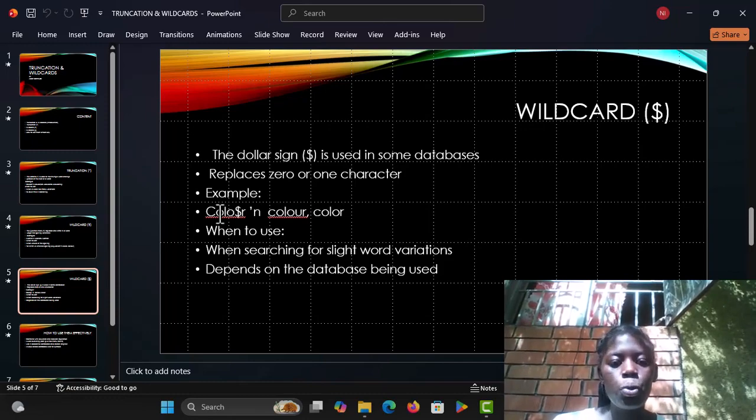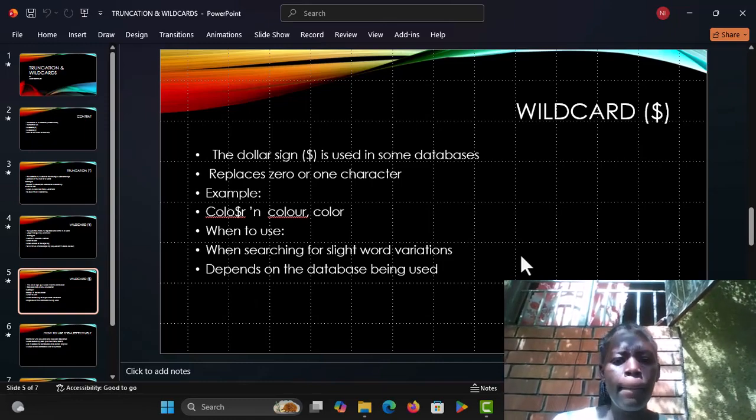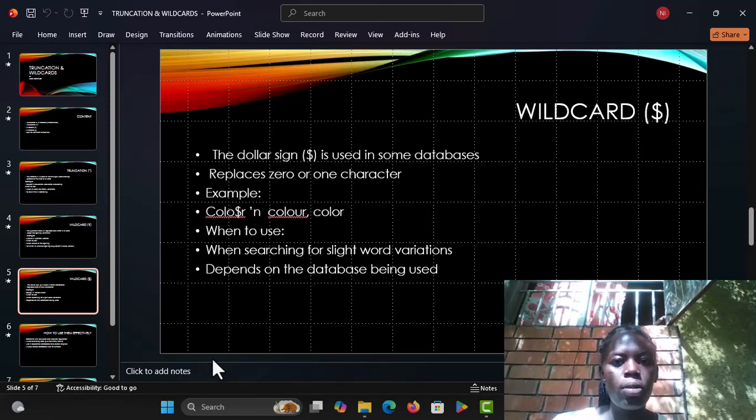When to use: when searching for very slight word variations, we can use the dollar sign. It depends on the database being used.